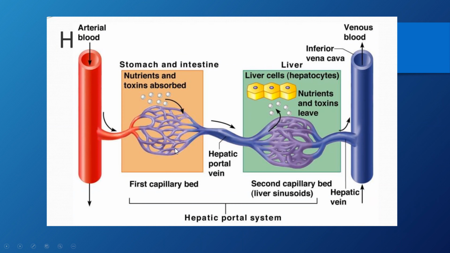Nutrients and toxins are absorbed. Then through hepatic portal vein, they deliver to liver. Liver cells, hepatocytes, are going to process those nutrients. And then the blood leaves liver through hepatic vein. So we have hepatic portal vein and hepatic vein to the inferior vena cava.